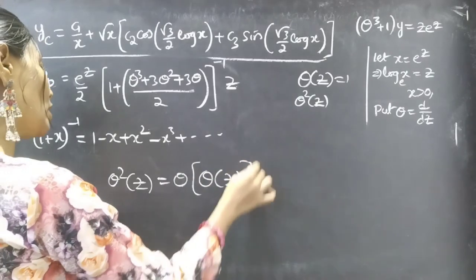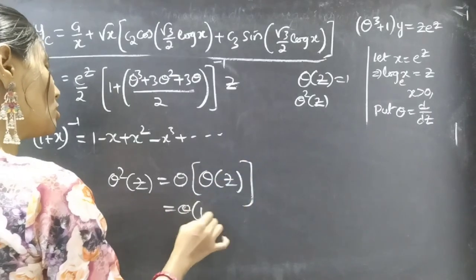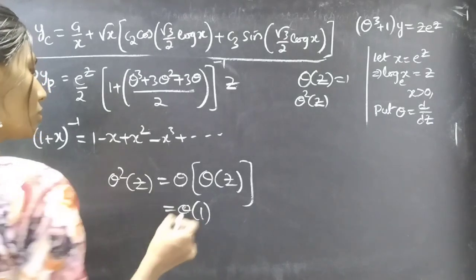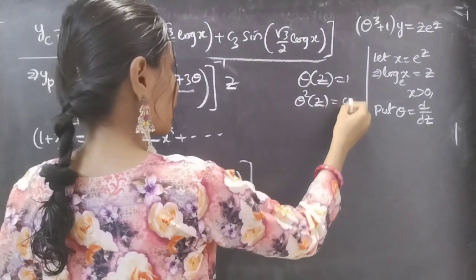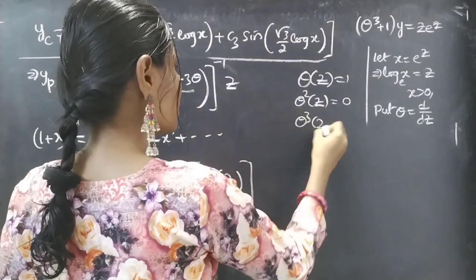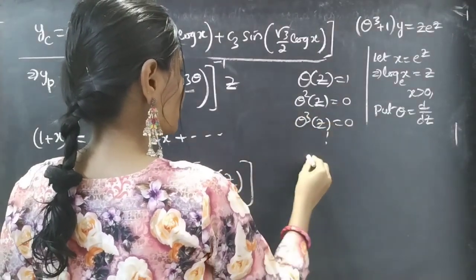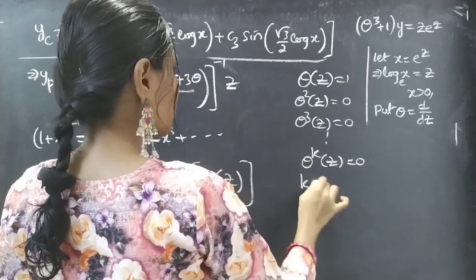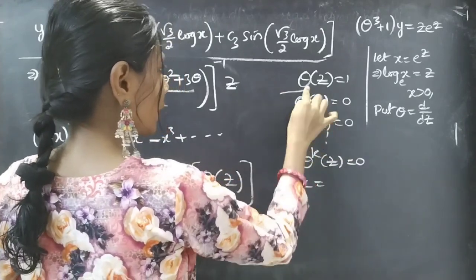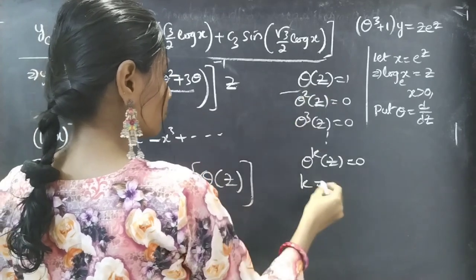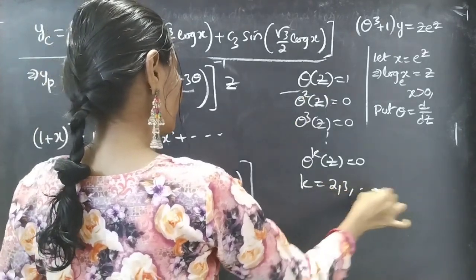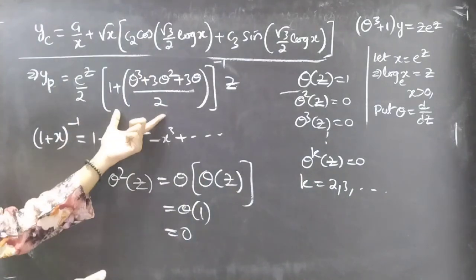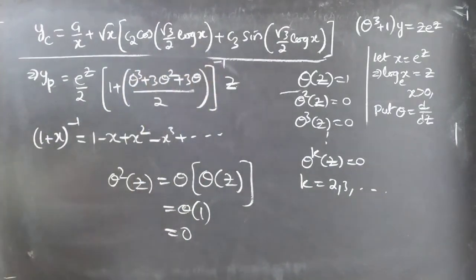We already have the value of theta of z, which is 1. Now find derivative of constant with respect to z, which is 0, right? Likewise, we'll get theta cube of z is 0 and so on. In general, theta power k of z is 0 for k equal to 2, 3 and so on. So keeping this in mind, we'll expand 1 plus this term whole inverse.